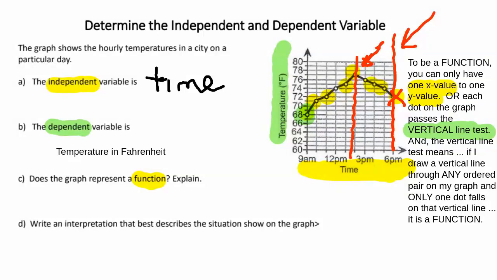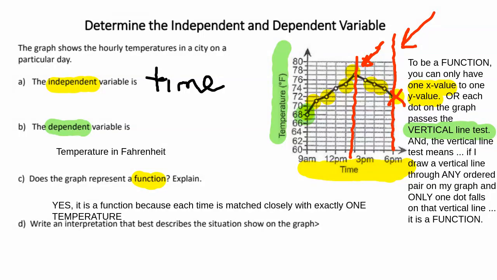So in this case, is the graph a function? Yes, it is a function because each time is matched closely with exactly one temperature.